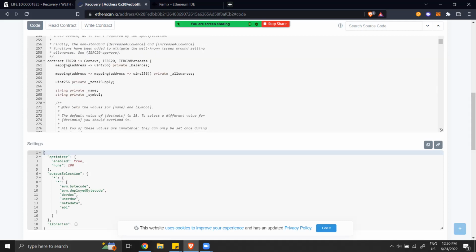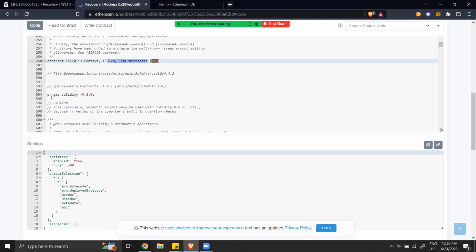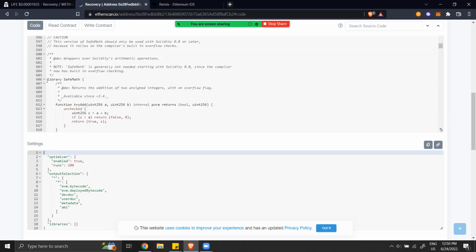Here we define the behavior of the ERC20 token that will use Context and the interface, the two interfaces we've seen before. And at the end, SafeMath to handle and to secure the arithmetic operations, because in Solidity we can have some problems where a stored number cannot go higher, and so it goes to 0.